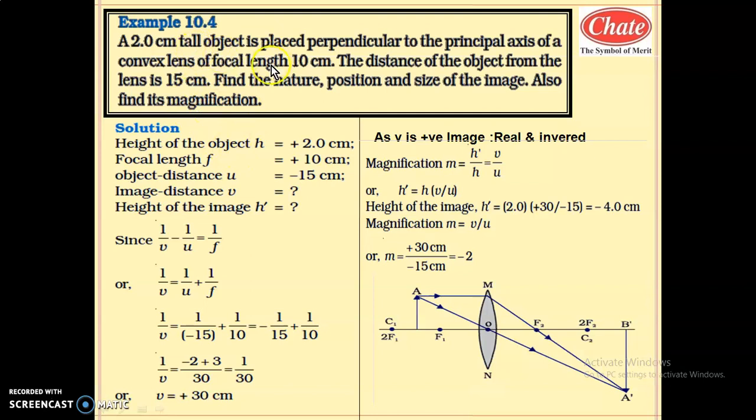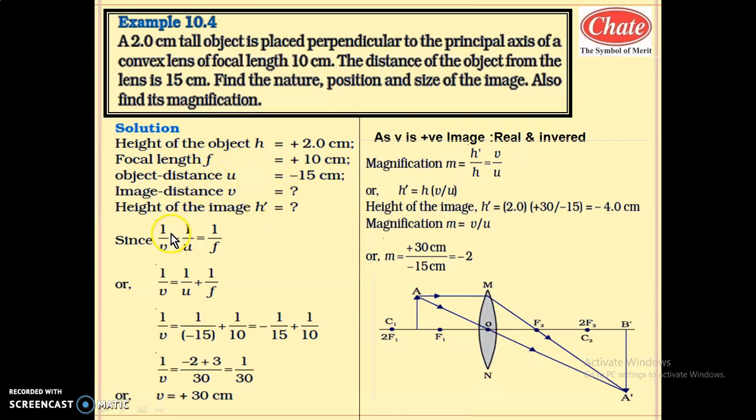As I said while studying this problem, H is plus 2 centimeter, focal length for the convex lens is plus 10 centimeter, U is minus 15 centimeter. Here we have to find V and H dash.